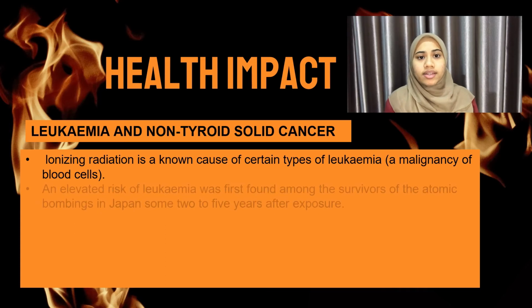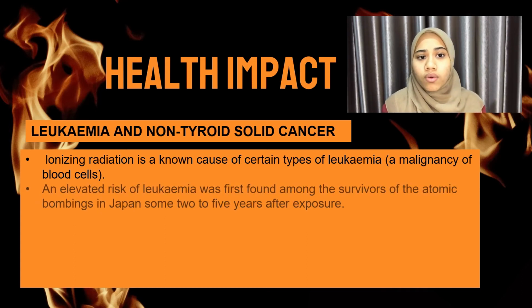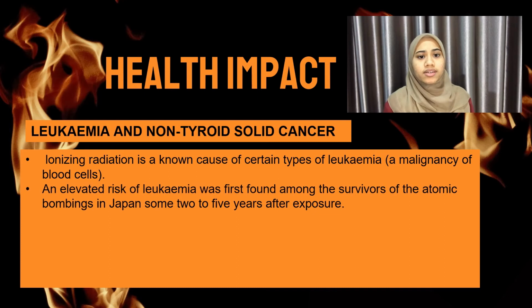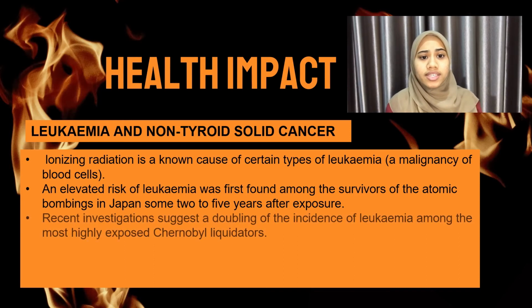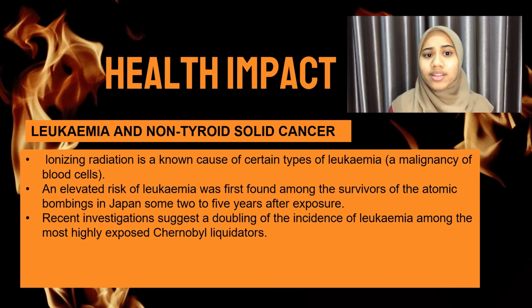An elevated risk of leukemia was first found among the survivors of the atomic bombing in Japan, some 2 to 5 years after exposure. Recent investigators suggest a doubling of the incidence of leukemia among the most highly exposed Chernobyl liquidators.